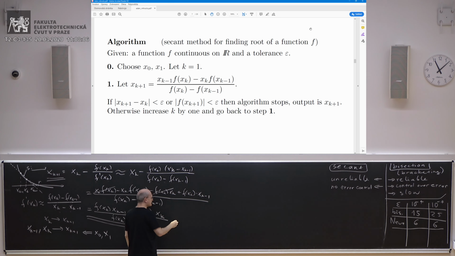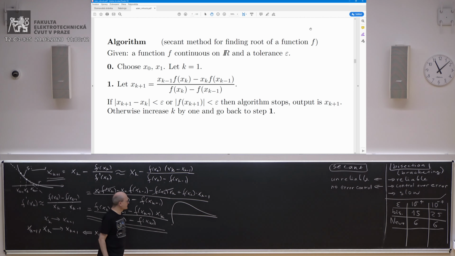And again, the same story. Imagine, okay, Camel, let's try this one. Camel is quite bad for the secant method as well, but this one is nice to see. If you are unlucky and you guess your 2 numbers here in this region, then the secant line will bring you here. You have 2 values, you connect them, and the secant line brings you here.